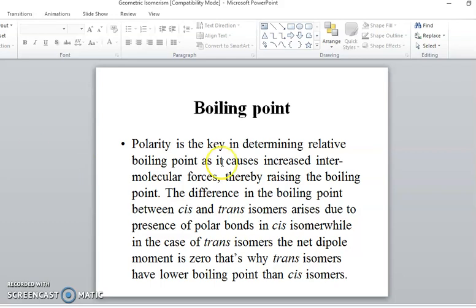Polarity is the key in determining boiling point, as it causes an increase in intermolecular forces, thereby raising the boiling point. So we know the cis isomer is more polar than the trans isomer. Since the cis isomer is more polar, it will have more intermolecular forces, and thereby the boiling point of the cis isomer is greater than that of the trans isomer. The boiling point will be higher for the cis isomer.